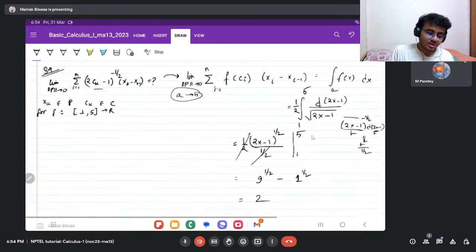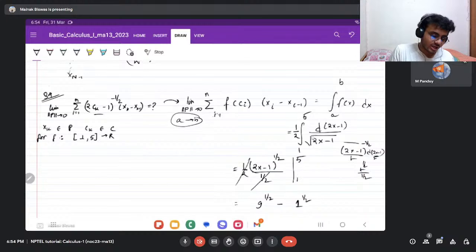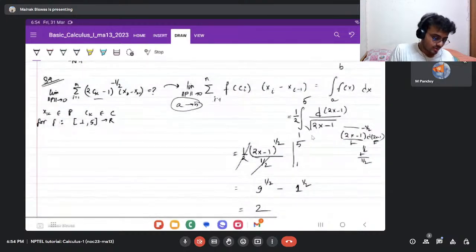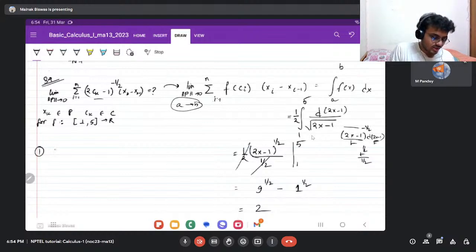Yes. So we have seen a couple of things. First thing we have seen is that this sum, the limit of a sum, is equivalent to the integral, both sides.